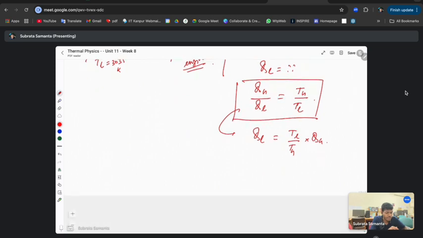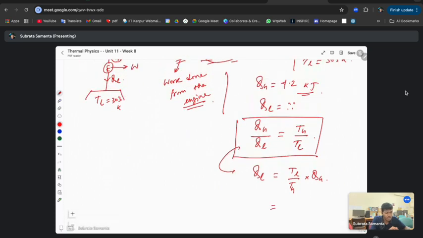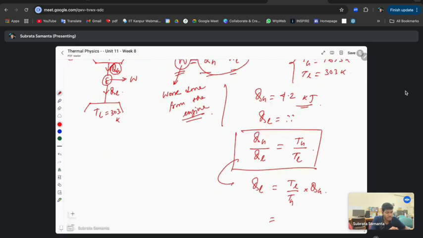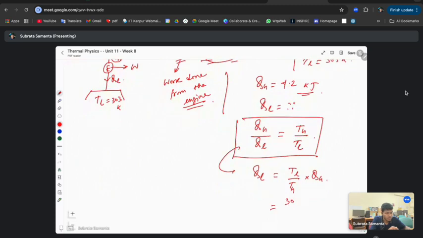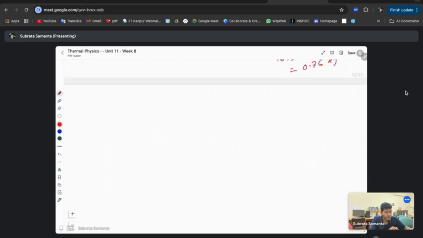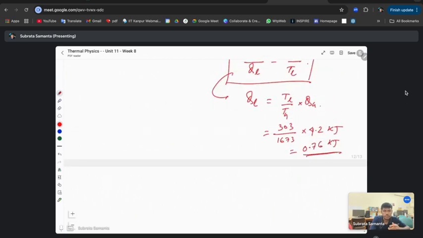TL is 303, the high temperature bath is 1673, times QH, which is given as 4.2 kilojoule. So this becomes 0.76 kilojoule.